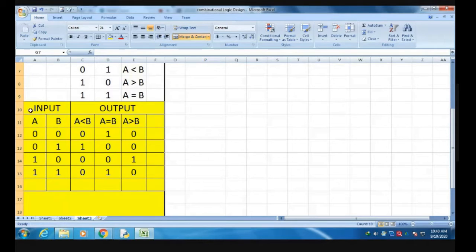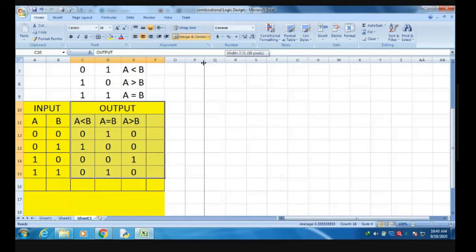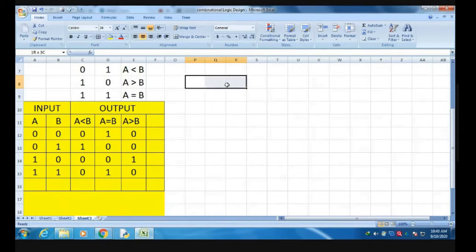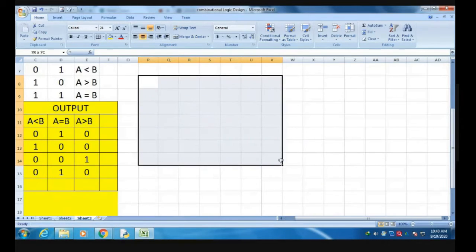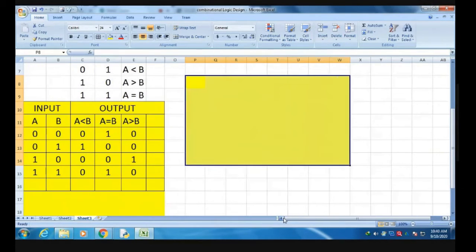Now we have an input, we have an output, then the first step is to take one output as a K-map. There are two variables, so I consider a K-map for two variables.